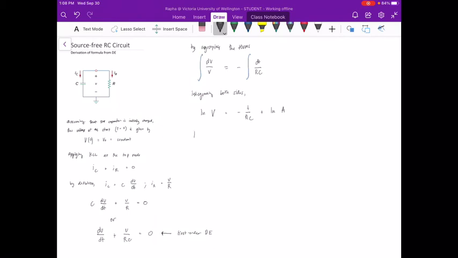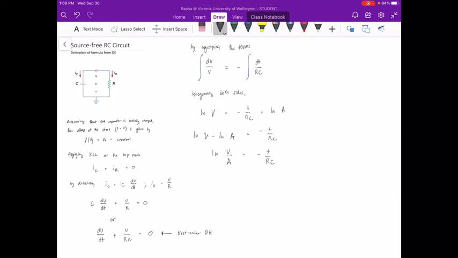Moving terms around, ln V minus ln A is equal to negative t over RC. So therefore we have ln of V over A is equal to negative t over RC.